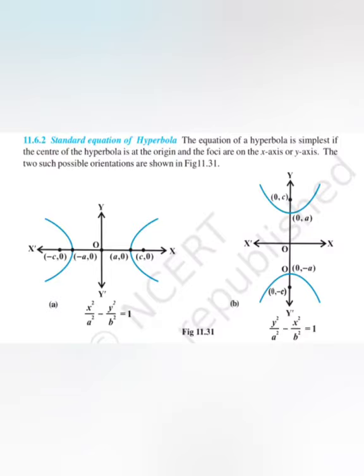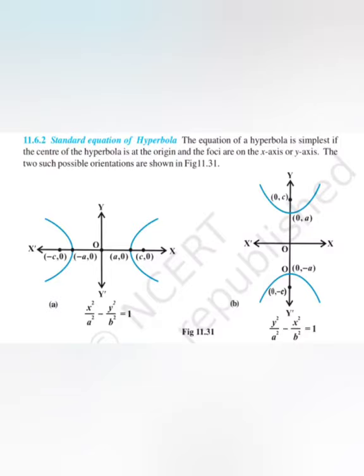Now if the transverse axis is along the y-axis and the conjugate axis is along the x-axis, with center at origin, then the equation of the hyperbola is y square by a square minus x square by b square equal to 1.